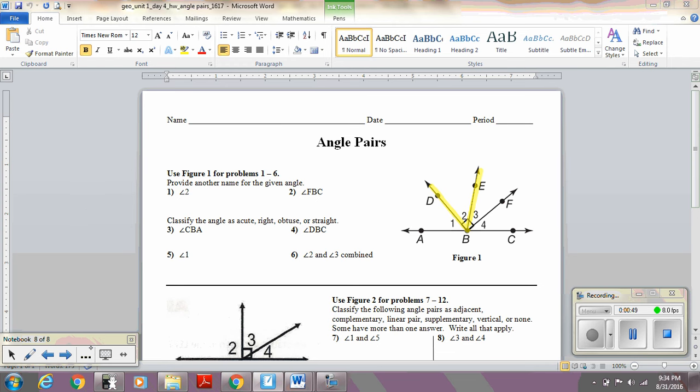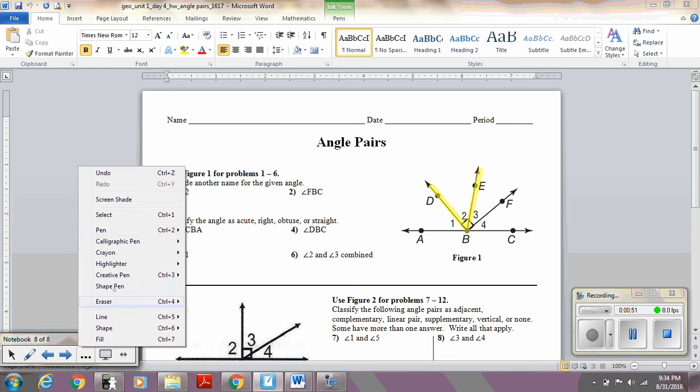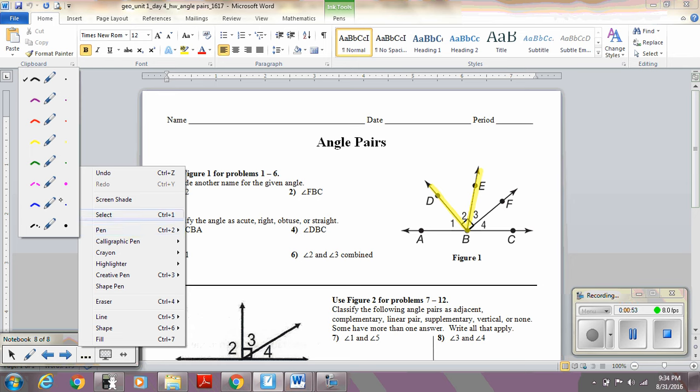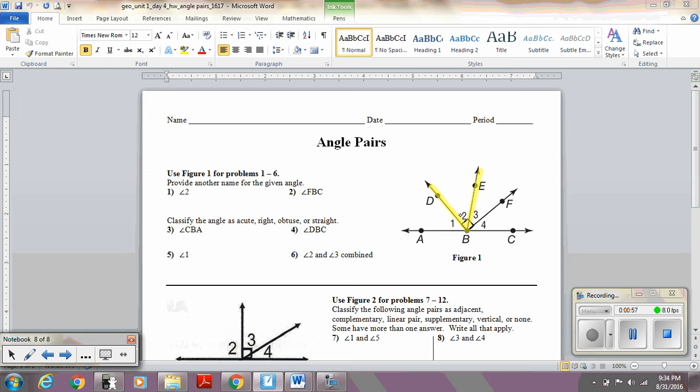We talked about it in class, but the way to name angles is using 3 letters, where the vertex or the corner has to be the middle letter. So we would call this angle DBE or angle EBD.